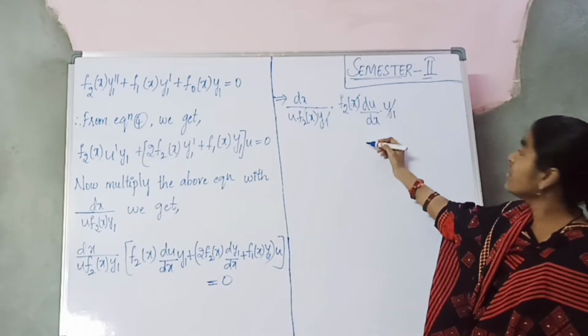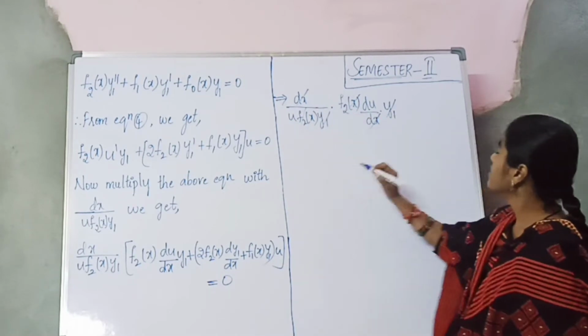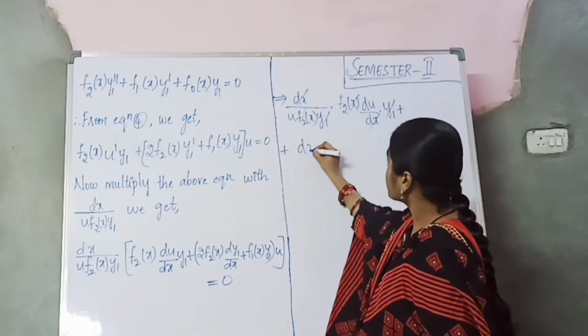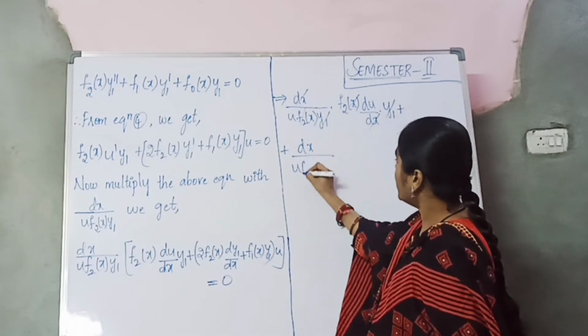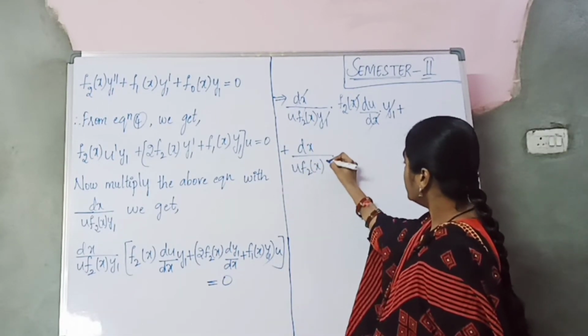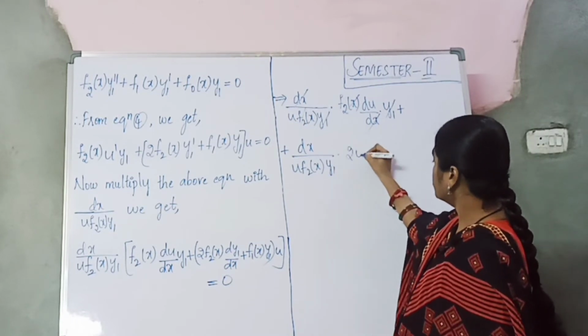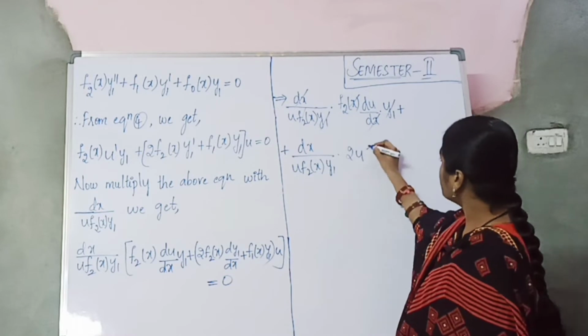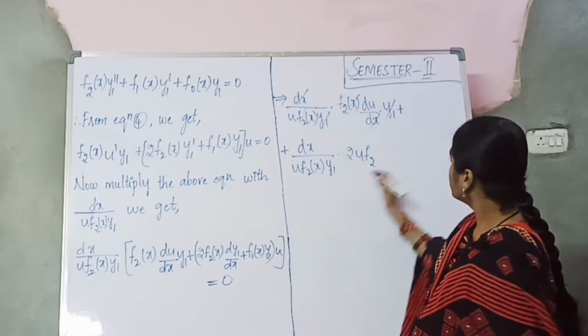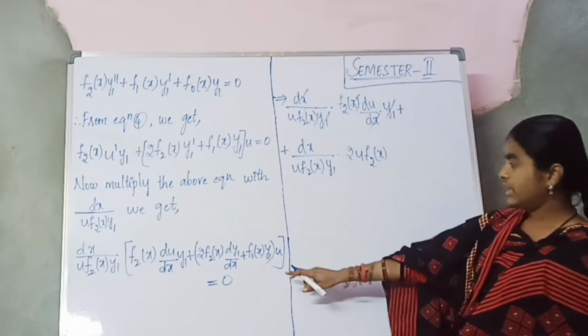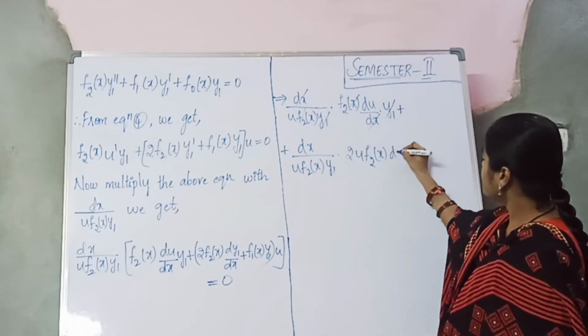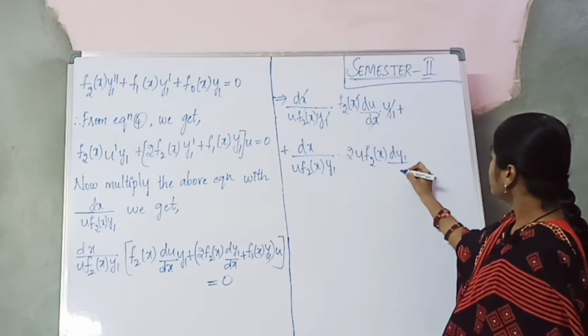Next, dx by u f2(x) y1 into 2u f2(x) into dy1 by dx.